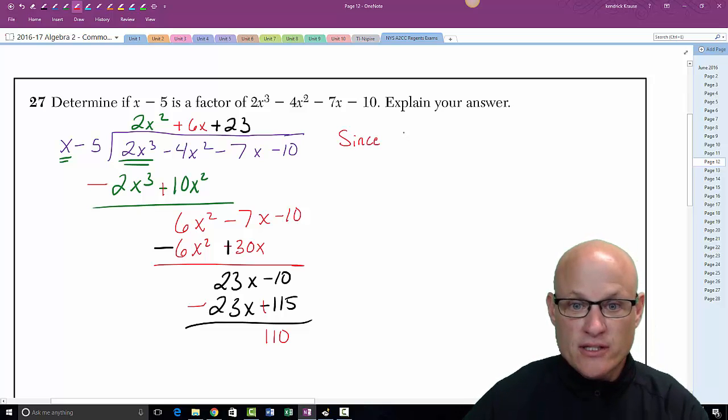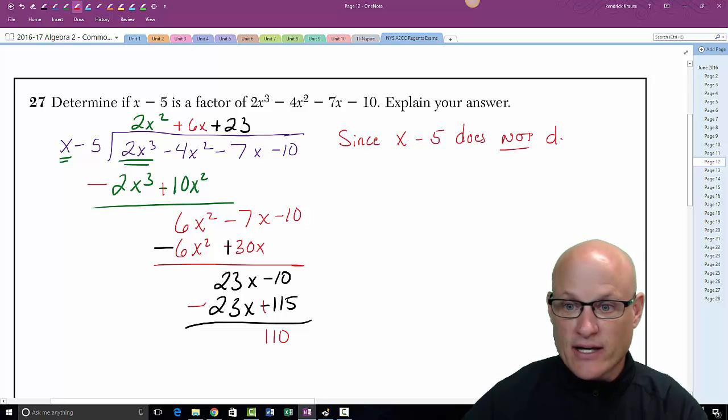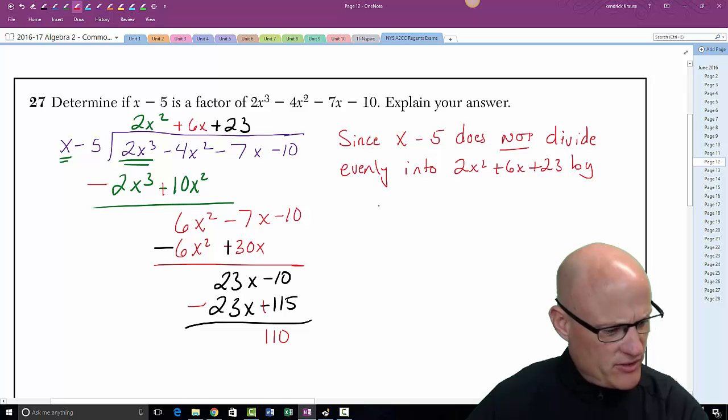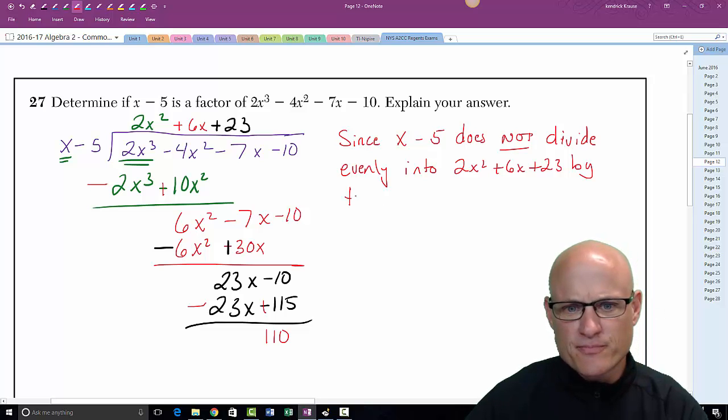Since x minus 5 does not divide evenly into the polynomial, by the remainder theorem?